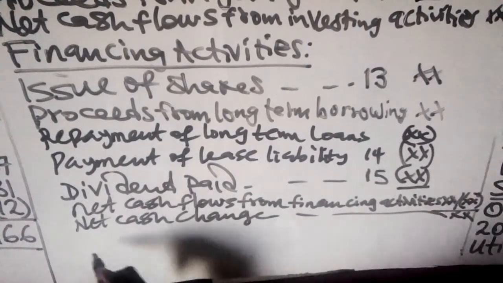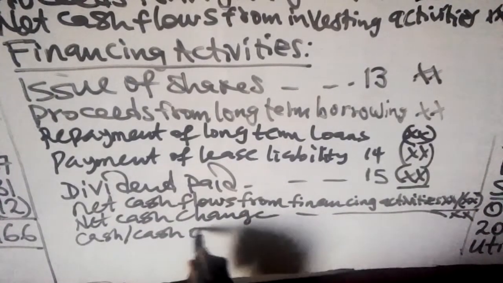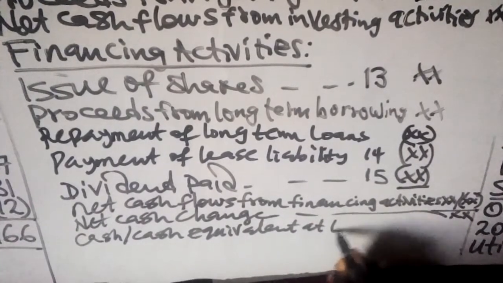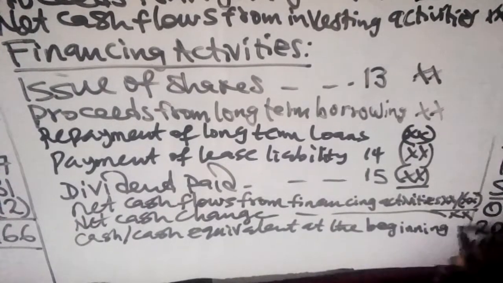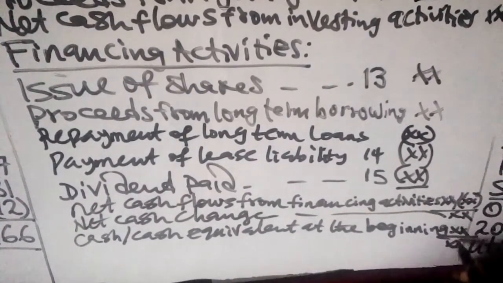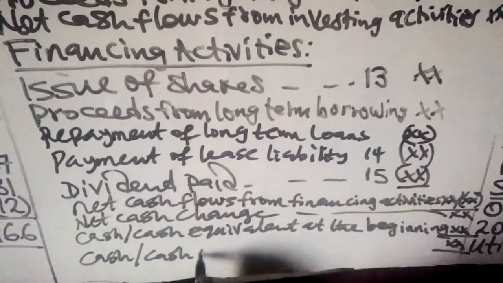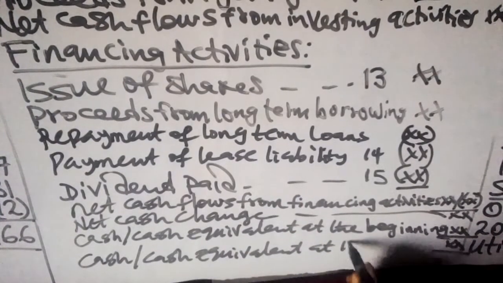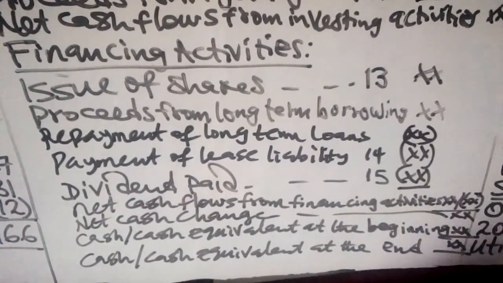To this net cash change, you now add cash or cash equivalent at the beginning of the period. When you add that, then you get cash or cash equivalent at the end of the period.